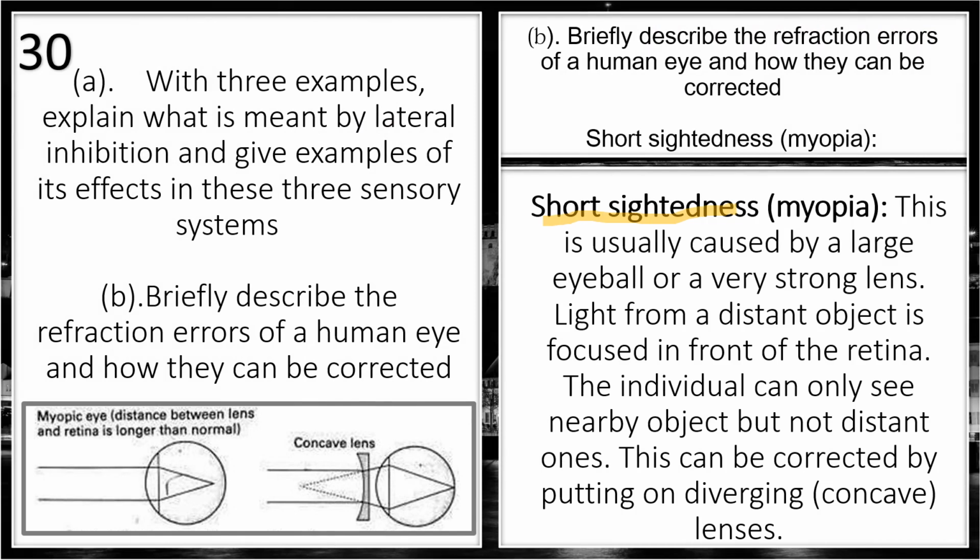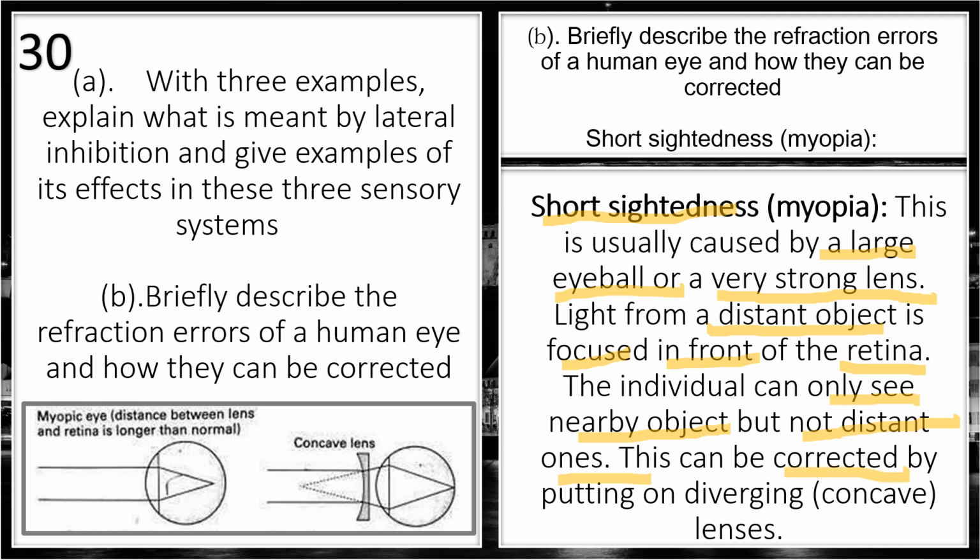Short-sightedness or myopia is usually caused by a large eyeball or a very strong lens. Light from a distant object is focused in front of the retina. The individual can only see nearby objects, but not distant ones.